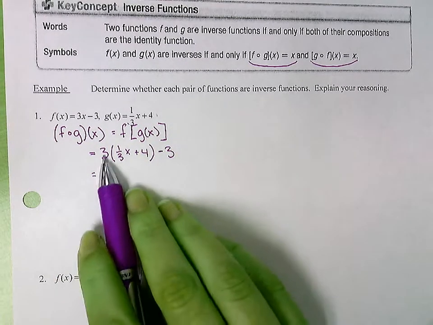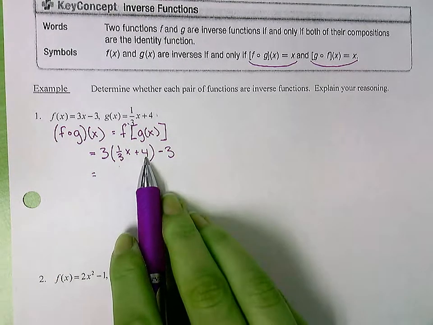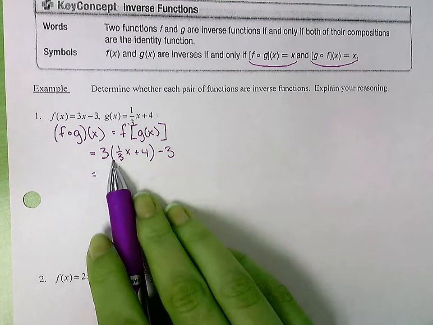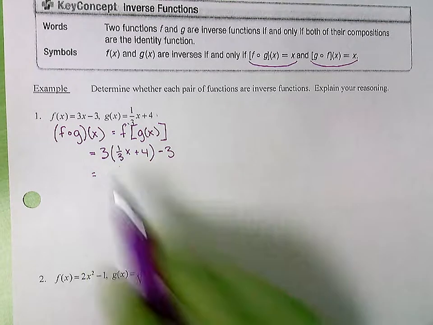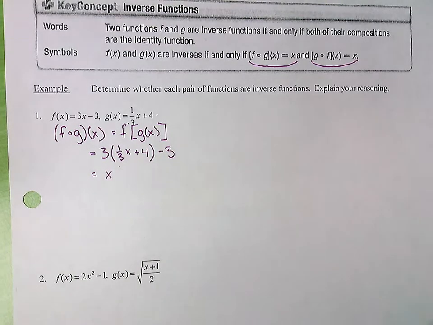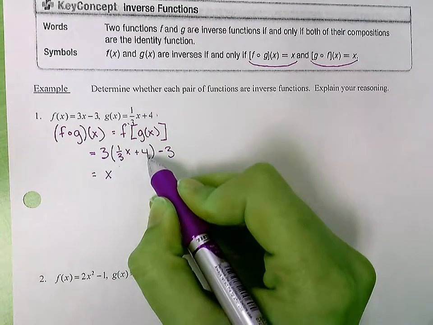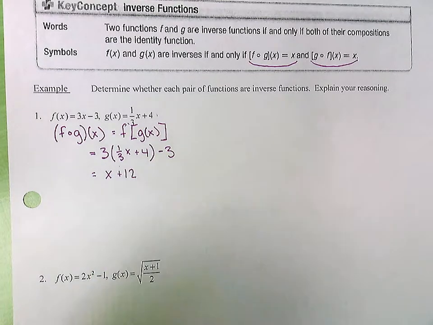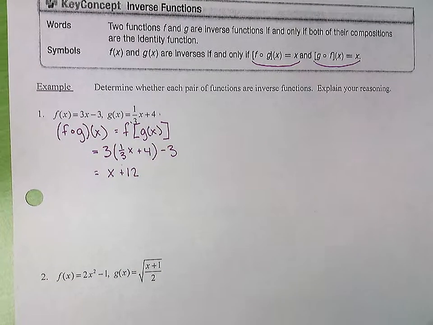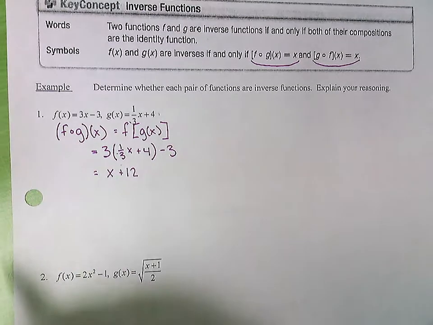I'm going to distribute the 3 into both those terms. With that first term, I end up with just x, because 3 times 1/3 is 1. Then 3 times 4 is 12, I'm distributing.